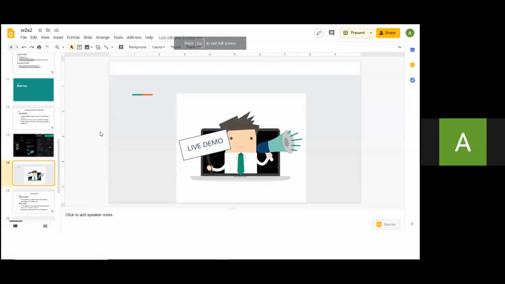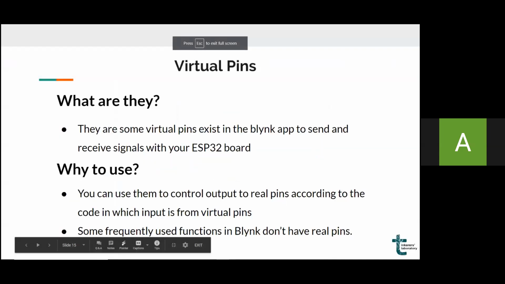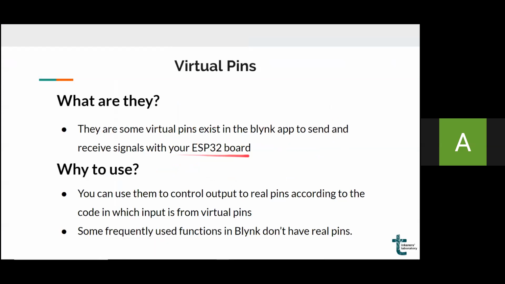So what are they? They are basically virtual pins that exist in the Blynk app to send and receive signals from the ESP32 board. But we can also send and receive signals from real pins, just like we did in our previous example. So why use them? Because virtual pins allow us to send and receive signals in any form.